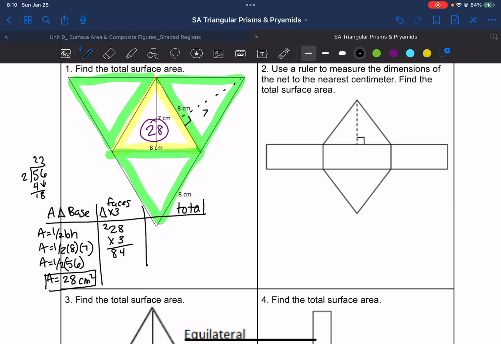Let me just check it to make sure. Yes, so 84 centimeters squared. This is lateral surface area. But we are trying to find total surface area, so we're going to take the lateral, which is the faces, and add that to the base. So now 84 plus 28, this would be 112.